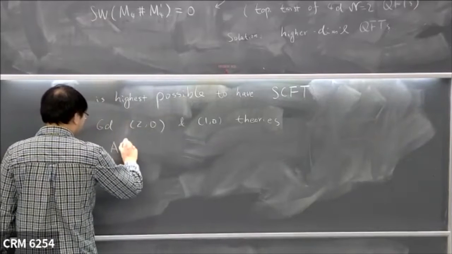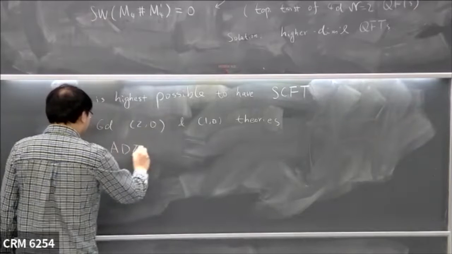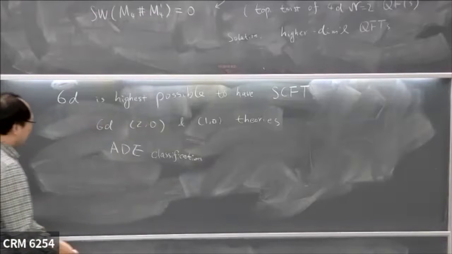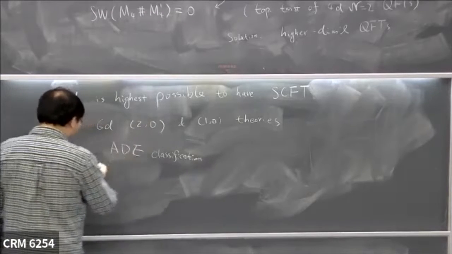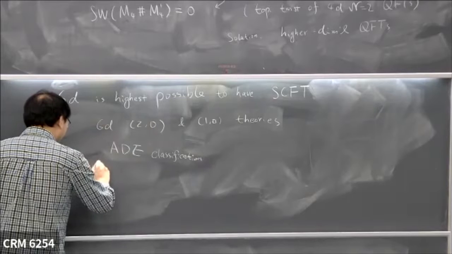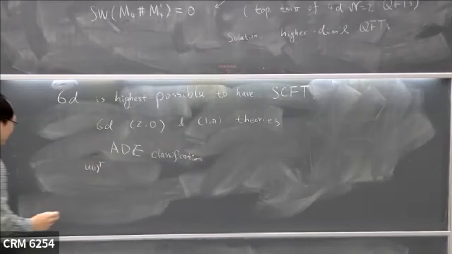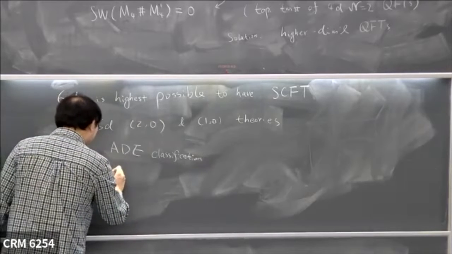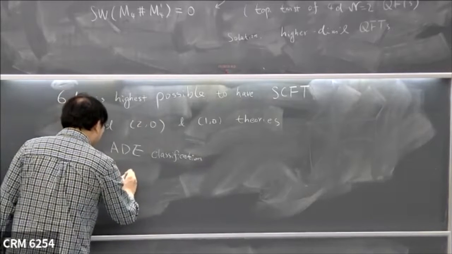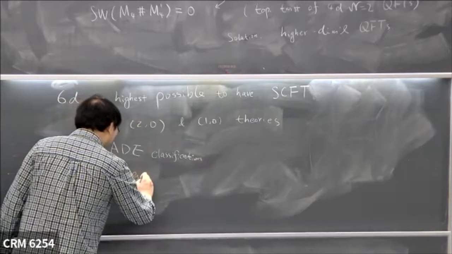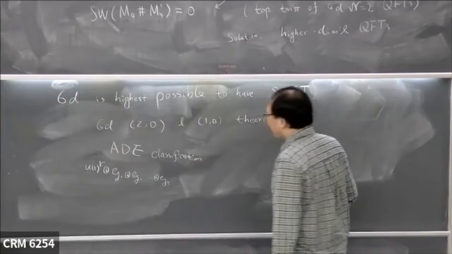They are classified by ADE Dynkin diagrams. So basically what this means is that this can actually have different factors. You can have a bunch of abelian factors, and then you can have other sectors labeled by ADE Dynkin diagrams or ADE simple Lie algebras.